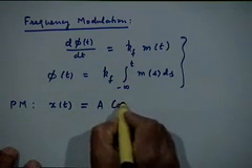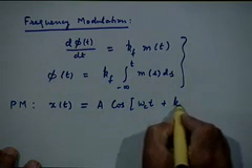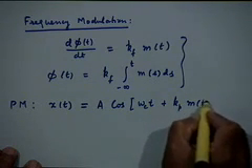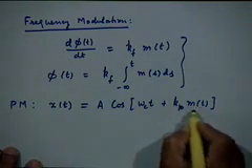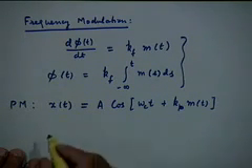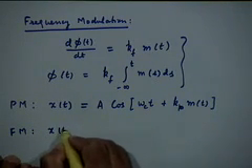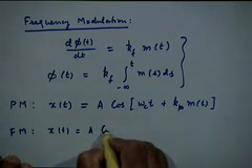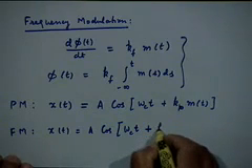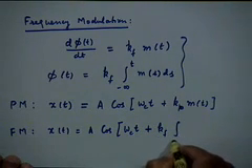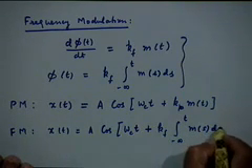It should be a cosine of omega c t plus k sub p times m of t, because your instantaneous phase deviation is proportional to m of t, and the FM signal, the frequency modulated signal, would be a cosine of omega c t plus k sub f integral from minus infinity to t of m of s ds.